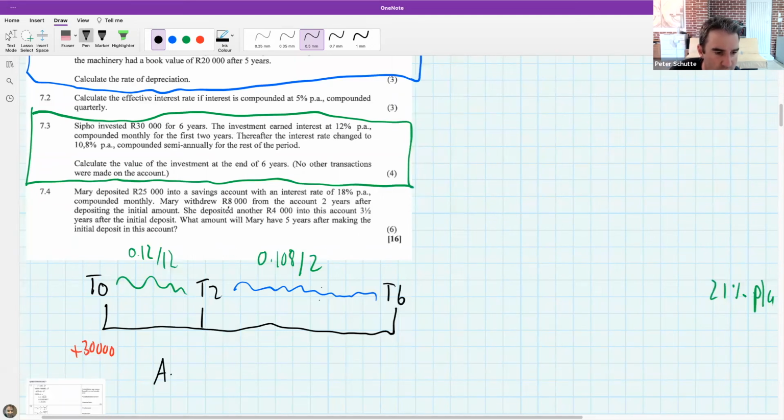We have the A and the 30,000 that starts, and we have to go through the journey of this part. We have 1 plus 2 times 12.